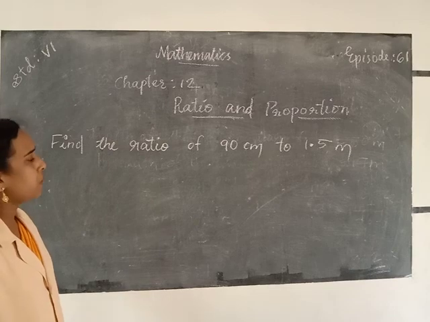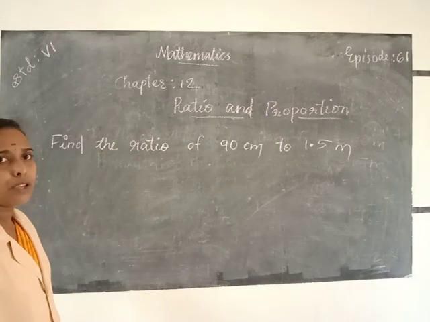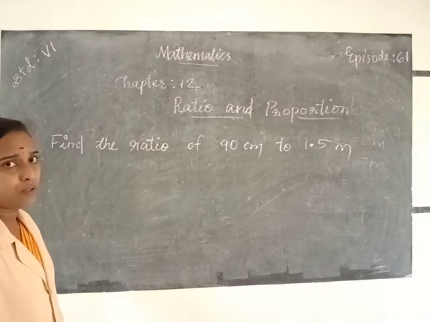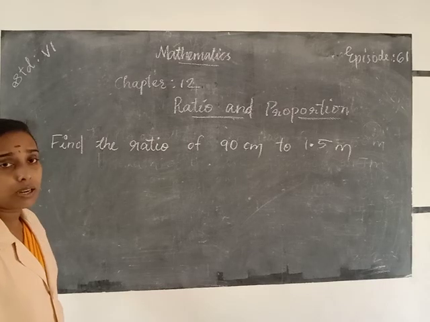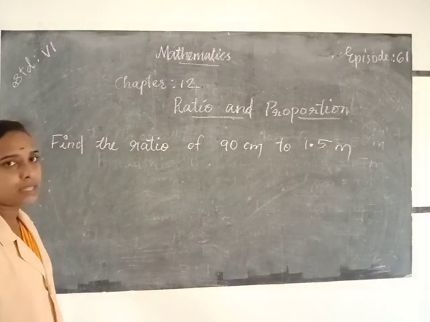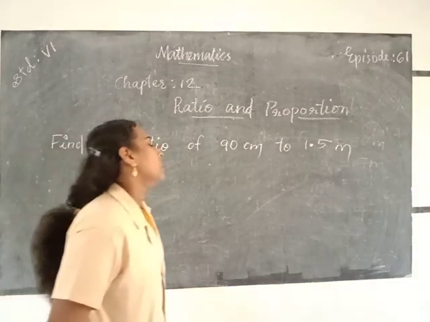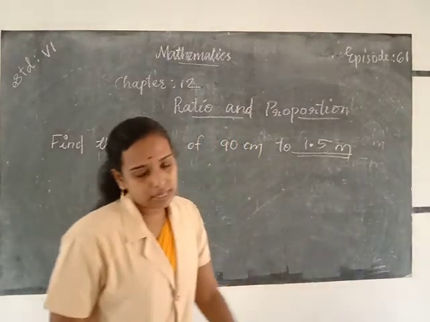You want to find the ratio of 90 centimeter to 1.5 meter. The centimeter and meter are units of length, but they are different units. So we can only compare two quantities when they are in the same unit. So you just convert the number that is given in meter to centimeter.